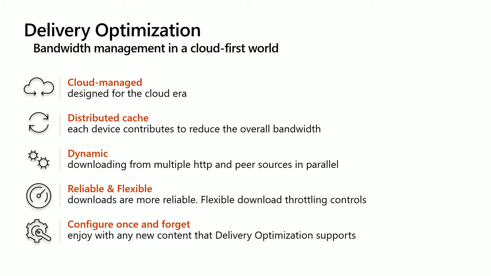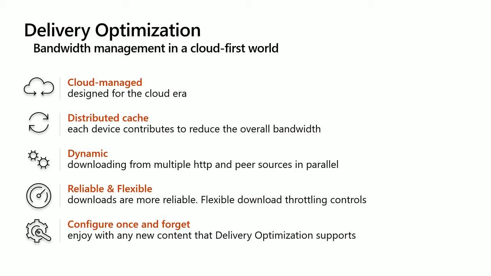These devices maybe previously downloaded the same content or they're still downloading it. Your device is now capable of pulling all these chunks that are needed to put together this file from multiple sources in parallel. This is what we refer to as our hybrid peer-to-peer technology.